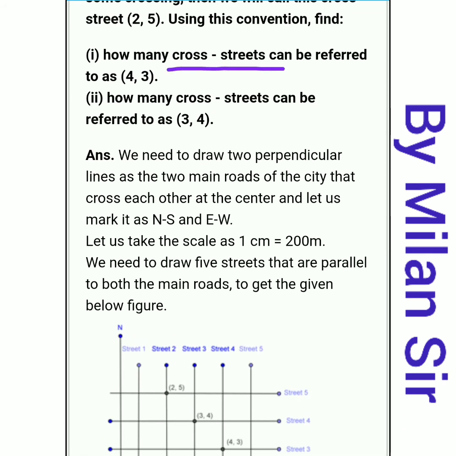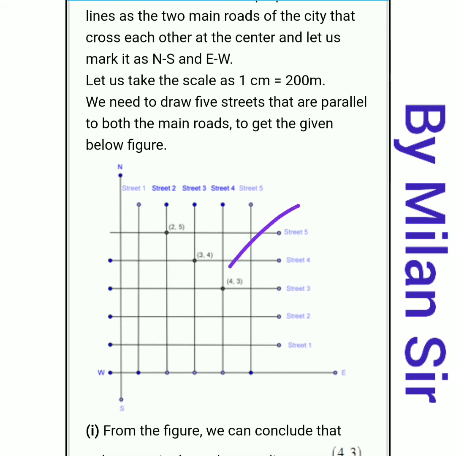Now what we need to find is how many cross streets can be referred to as (4, 3). Here we have (4, 3). The 4 represents the north-south direction, so street number 4 in the north-south direction, and street number 3 in the east-west direction. The first number represents the north-south direction, the second number represents the east-west direction. So this is our (4, 3): the fourth line in the north-south direction and the third line in the east-west direction.